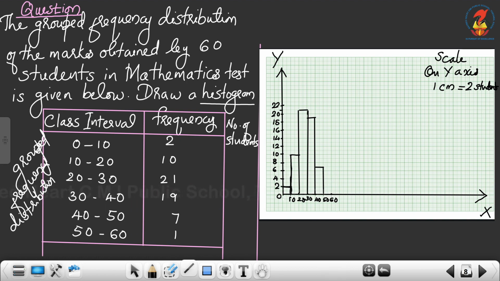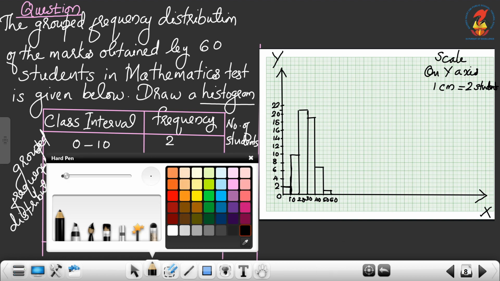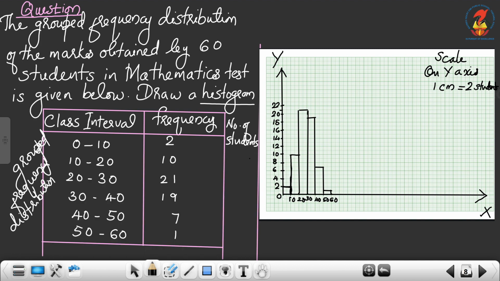Then 50 to 60 is 1. 1 means here it is 0, so after 5 small divisions it will be 1. Therefore 50 to 60 it is 1. So this 1 centimeter we can select as 2, 1 unit equal to 2, or 1 centimeter equal to 2.